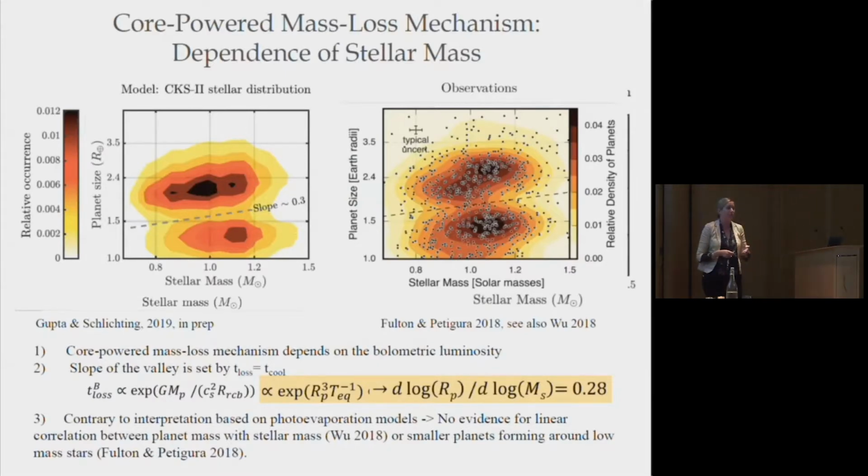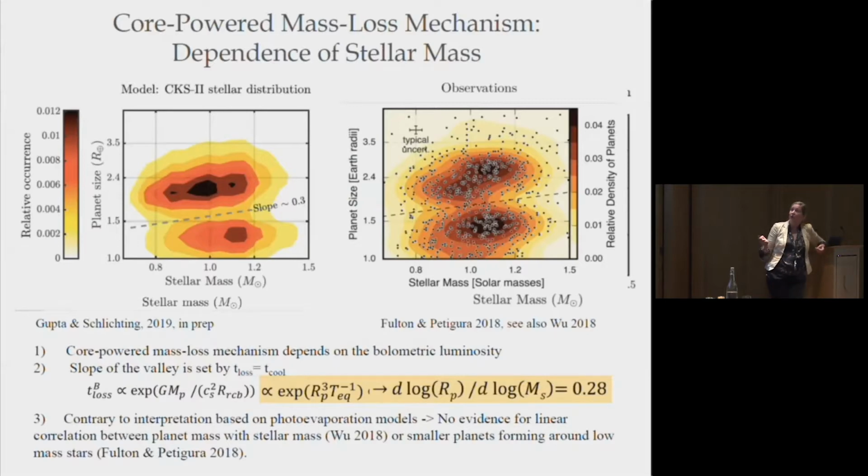Photoevaporation, as we've heard from James, is driven by the X-ray and EUV radiation from the star. This is stronger relative to the bolometric luminosity for lower mass stars. So lower mass stars, for a given bolometric luminosity, should be more efficient at stripping planetary cores. They should be able to strip a larger core than higher mass stars for the same bolometric luminosity.